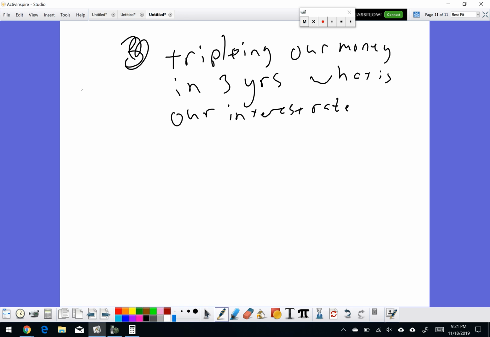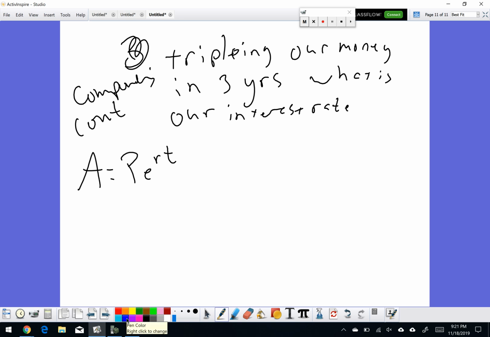Also know that this is compounding continuously. Okay, with that being the case, I know A equals Pe^(rt). The interesting thing on this one is, notice the only thing they really tell us is 3 years. So that's going to be our time. But I don't know what r is. I don't really know what P is, and I don't know what A is.